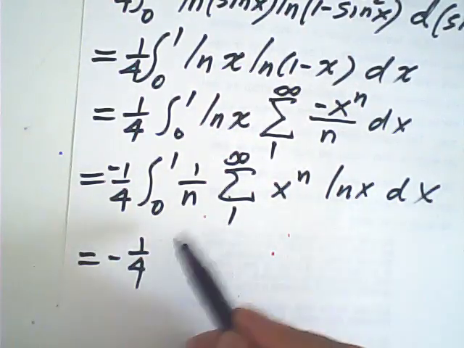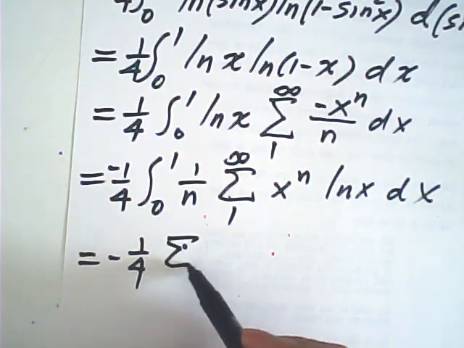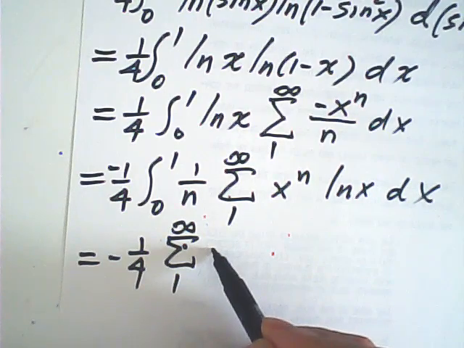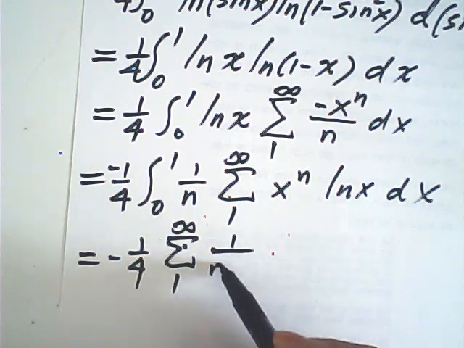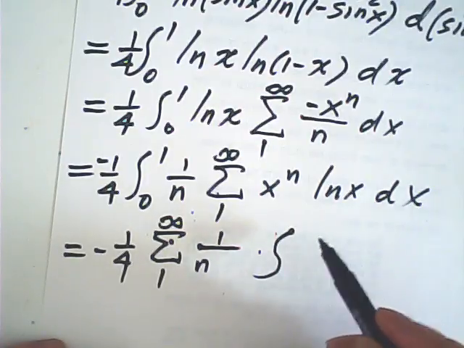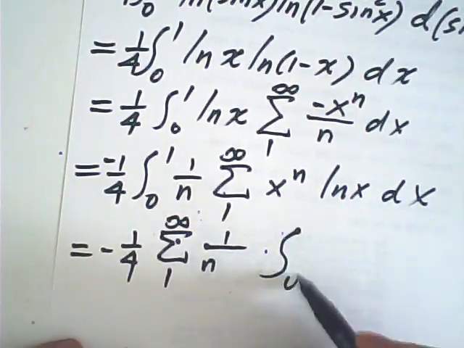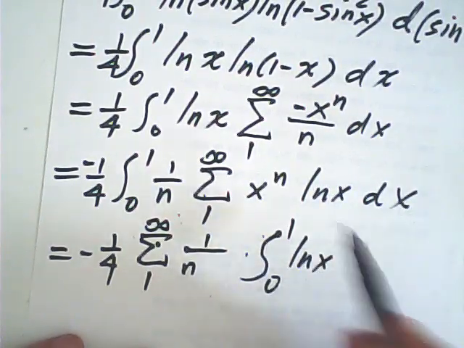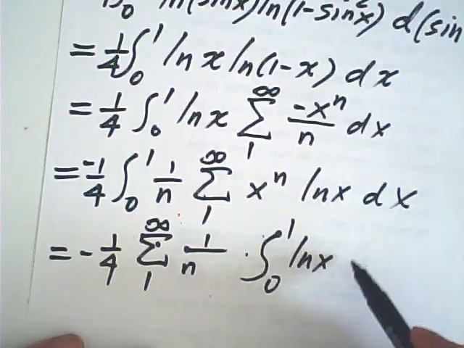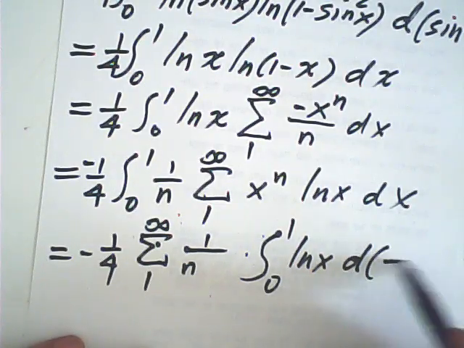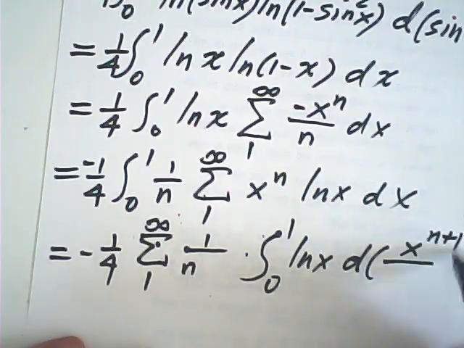Can I switch this operator, this sigma, first, and 1 over n, then the integral from 0 to 1 of log x times x to the n dx? I can write the integral as x to the n plus 1, right? n plus 1.